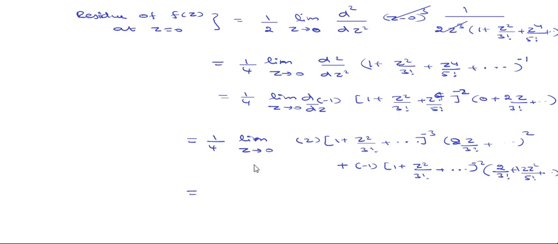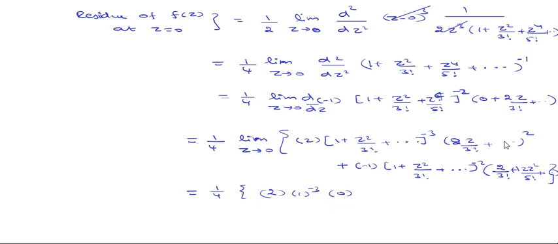So therefore when we apply limit z tends to 0, the first term will become 0. Inside we'll have some value 1, so 2 into 1 power minus 3, so this will become 0.